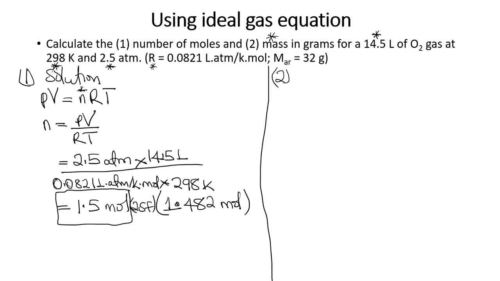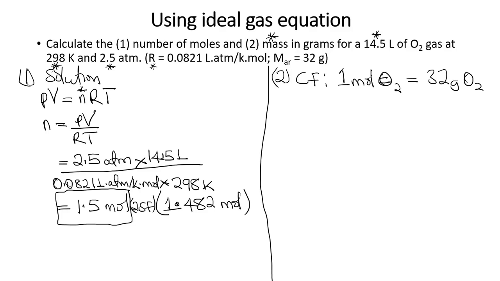For this one, the conversion factor is 1 mole of oxygen is equal to 32 grams of oxygen, because each oxygen has a molar mass of 16. So two of them have a molar mass of 32 grams.